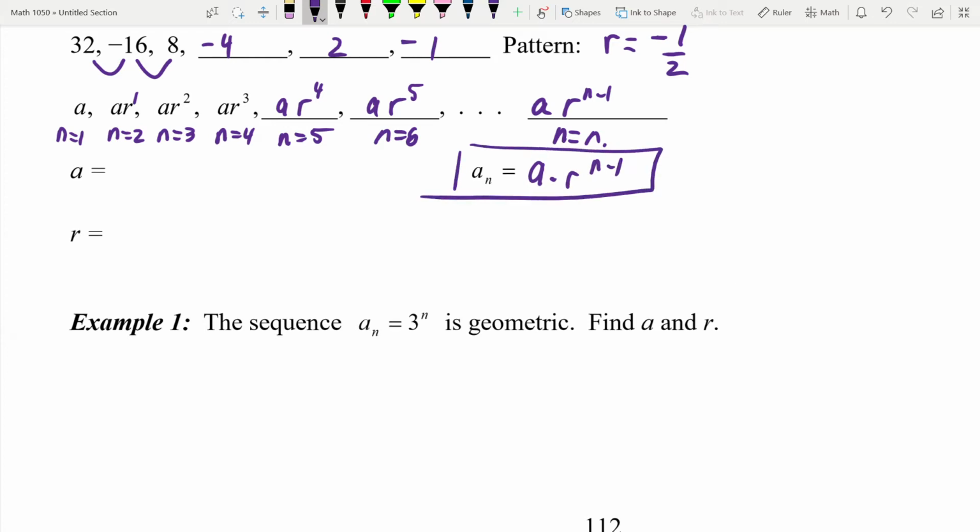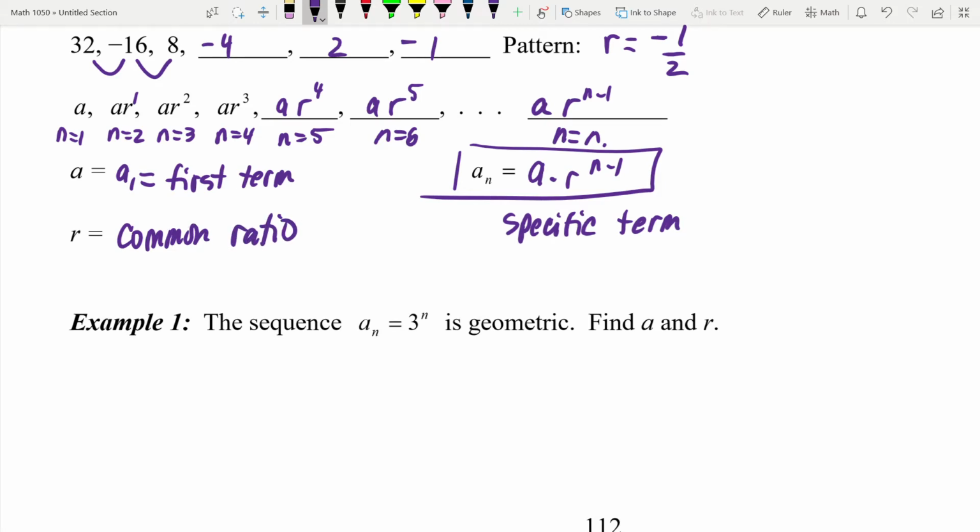Highlight it or put a box around it, and write specific term. That's your formula when you're looking for a specific term of a geometric sequence. A and A sub 1 both mean the first term. And the R is what you're multiplying by. Don't say dividing, it's always what you're multiplying by. This is called the common ratio.